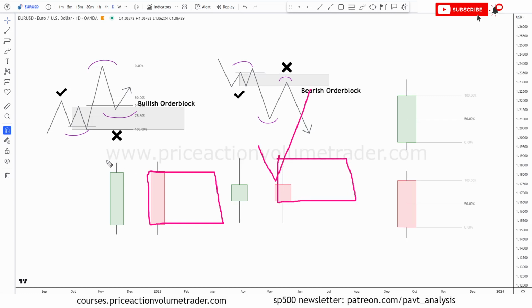If you want to be very conservative, you can just take the whole thing as your block, all the wicks and the bodies all together. Or you can just focus, like I said, on the body and the top side of the candle in this case, if we're looking for a bullish order block to push back in.